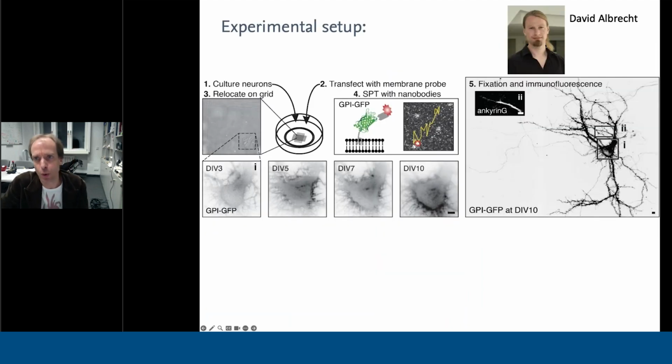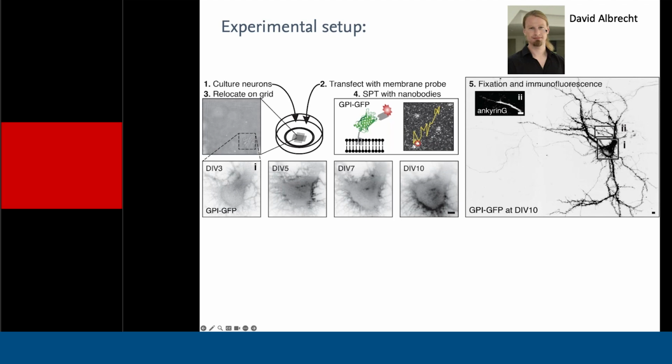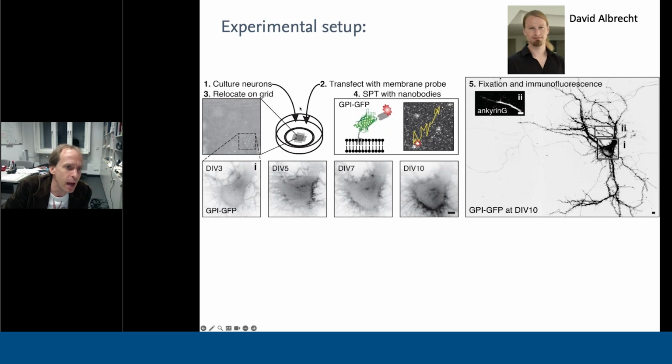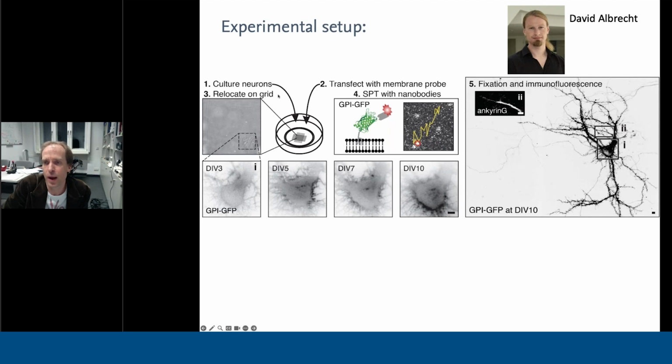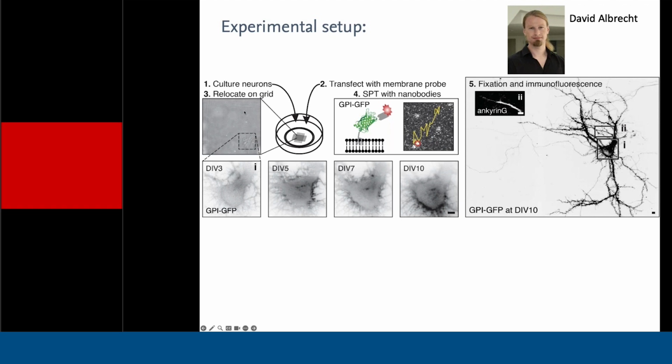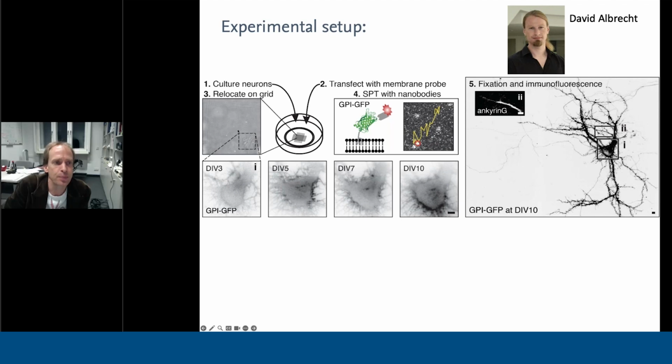This is the heroic work by student David Albrecht, who is now a senior scientist at Max Planck. What he did was use neurons just harvested from rat embryos, right? They can be seeded on gridded cover glass, as you can see here, so we knew where they were when we seeded them. We then transfected them with GPI-GFP and added probes to follow the motion of these membrane molecules.